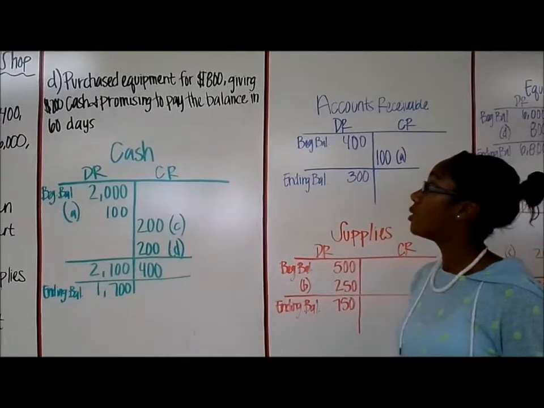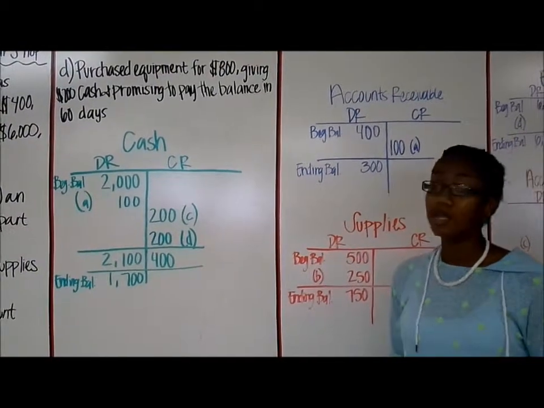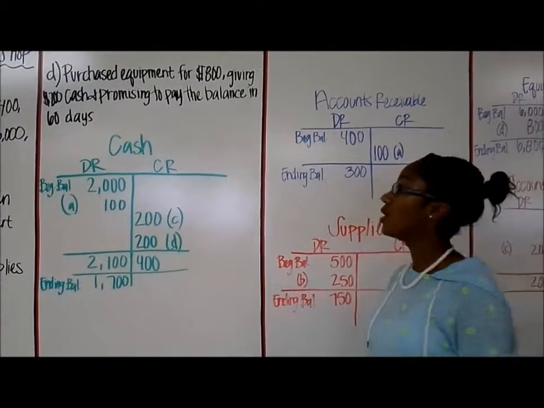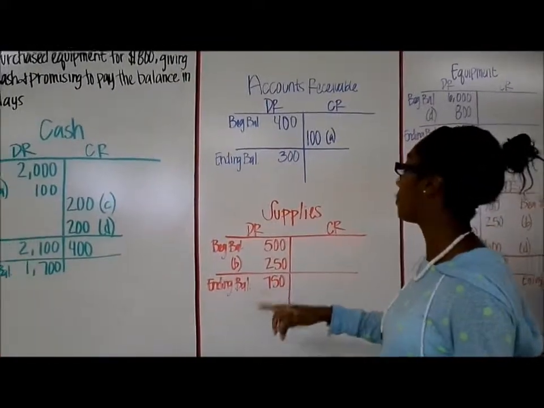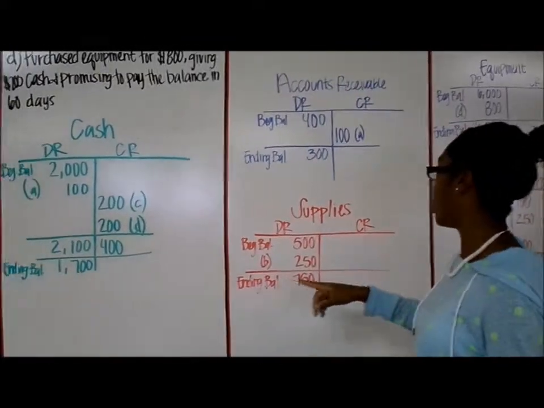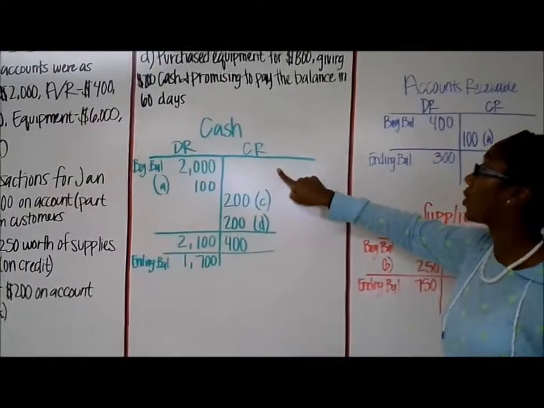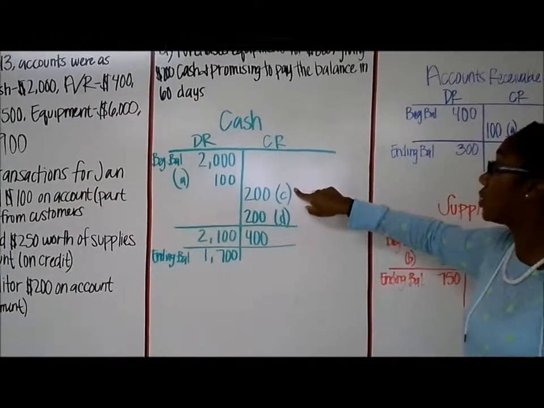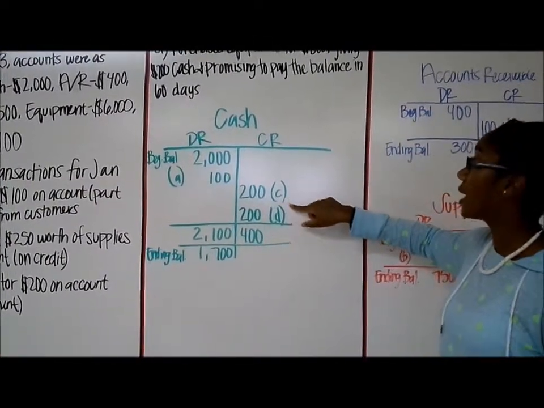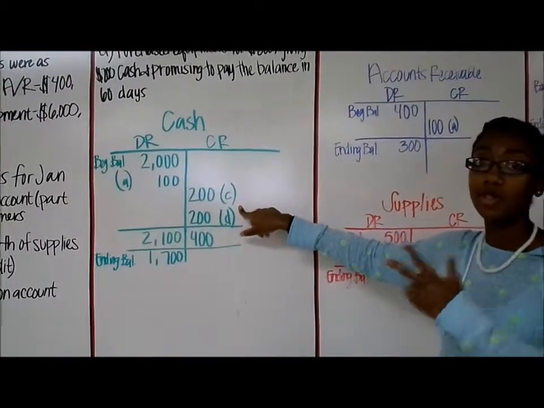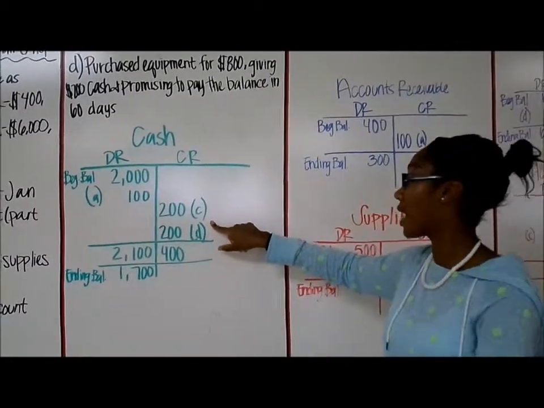And then the last transaction says that you purchased equipment for $800, giving $200 worth of cash and promising to pay the rest of the balance in 60 days. So for this one, first you would credit cash for $200 because that is the amount that you can pay with cash.